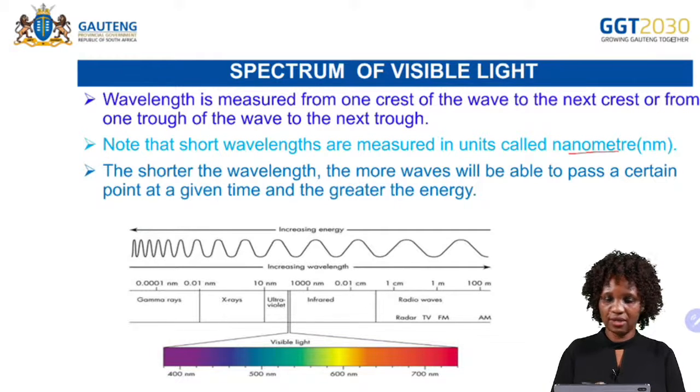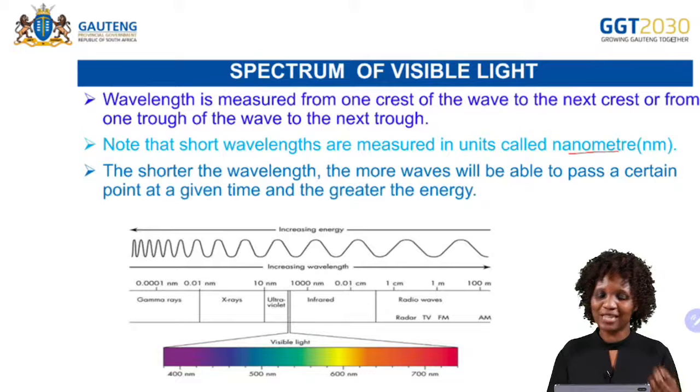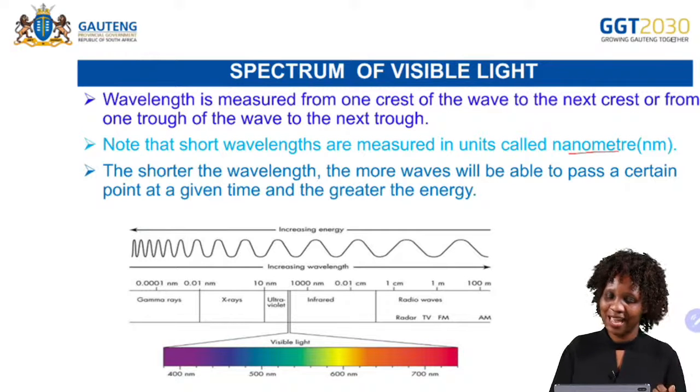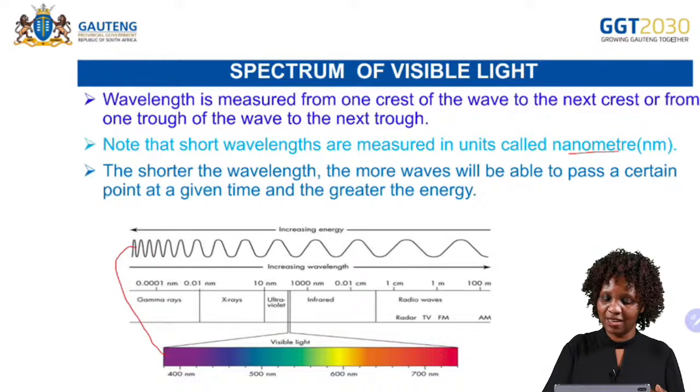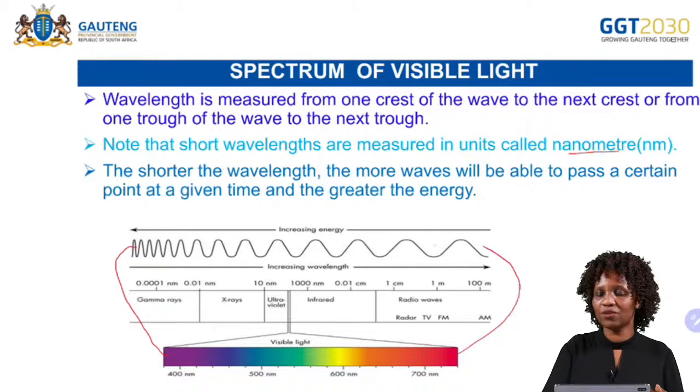All right, let's move on. The shorter the wavelength, the more waves will be able to pass at a certain point at a given time, and the greater the energy. Interesting, isn't it? Let's look at this one. These are the wavelengths for the violet. And this side, the wavelength of the what? Of the red.